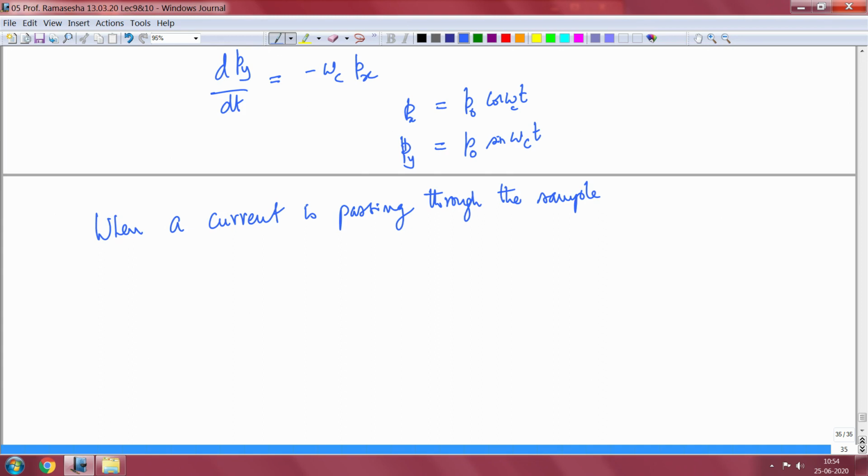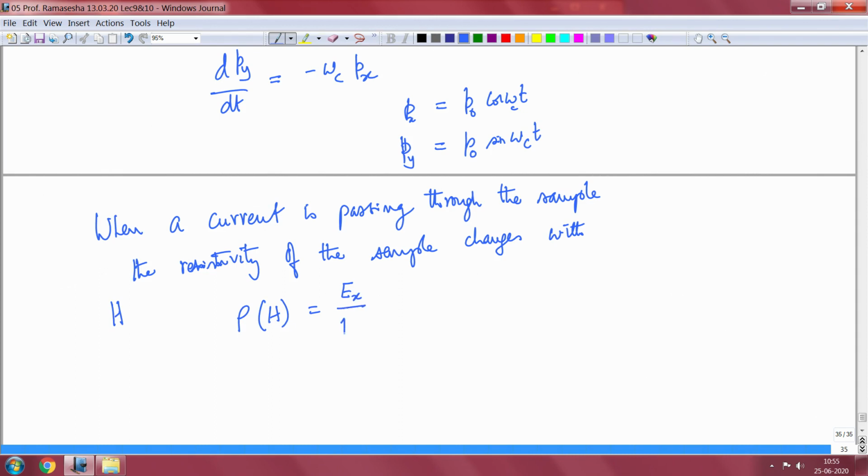Then we will know that you have a resistance, the resistivity of the sample changes with magnetic field, with magnitude of the magnetic field H. For example, I can say that resistivity rho of H is equal to Ex by Jx, where Ex is the electric field applied in the x direction and the Jx is the current that is flowing through.